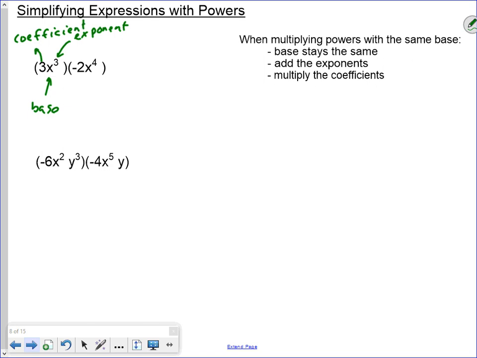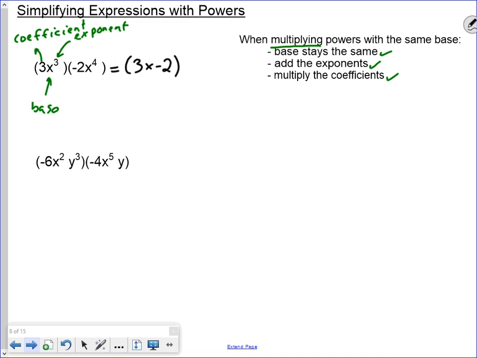Well, we treat those coefficients just like they were numbers when we're multiplying, right? We're multiplying our two powers here. So we know that the base is going to stay the same. We are going to add the exponents, but those two numbers out in front just get multiplied like we would multiply ordinary numbers. So if I've got 3x cubed times negative 2x to the power of 4, those coefficients, 3 times negative 2, I'm just going to multiply those as normal.